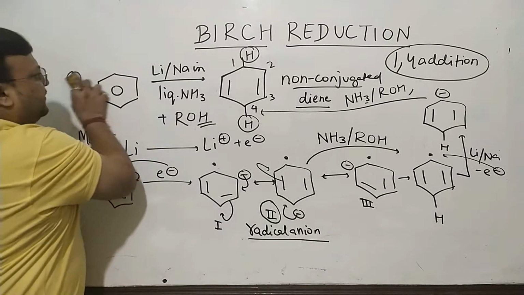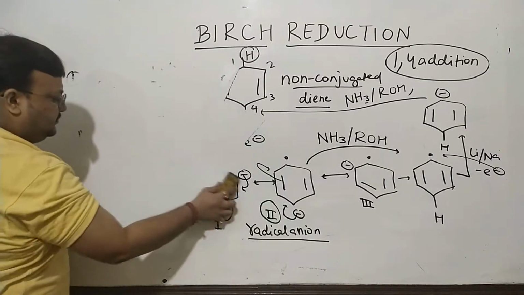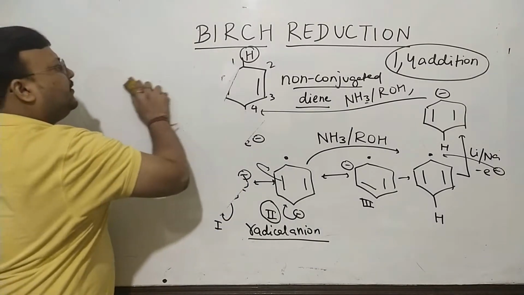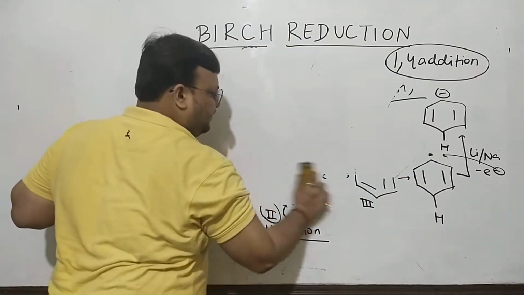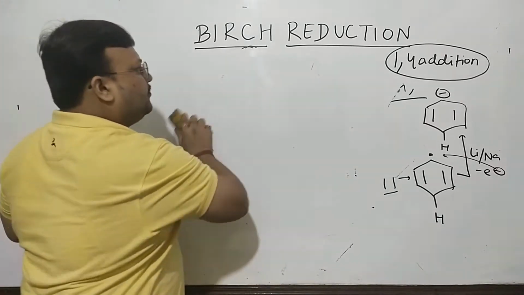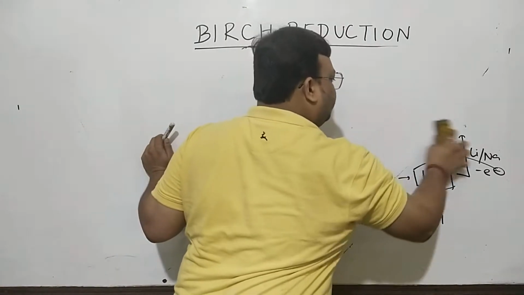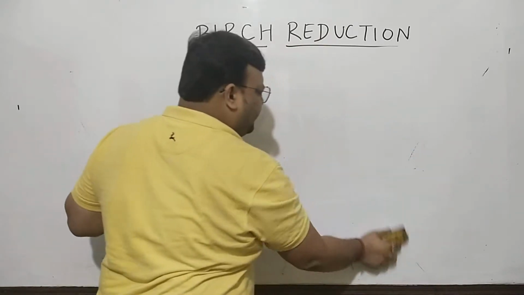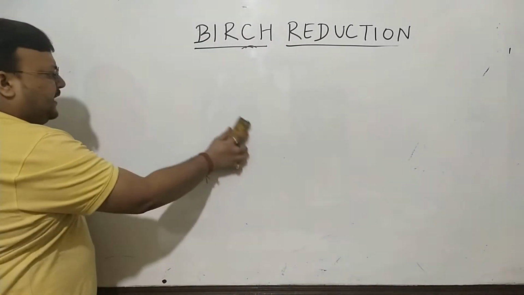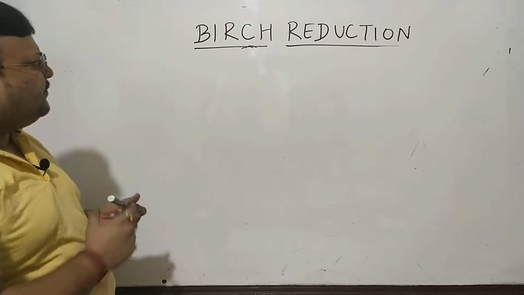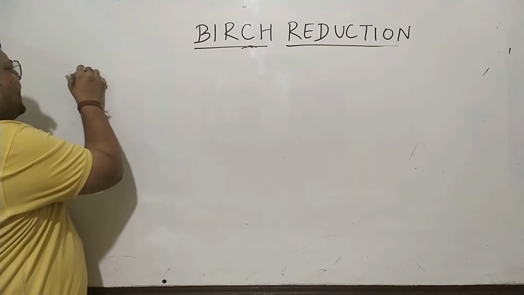Now, expecting this is understood, we'll move to question 2 and question 3, which are aromatic compounds only. Again, very simple applications, and you would have known these compounds from aromaticity.